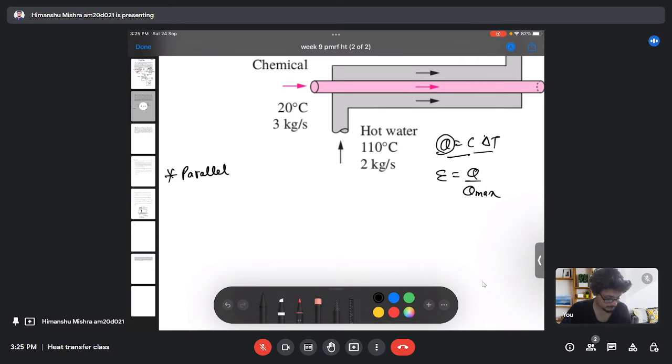We can find this maximum heat transfer just from the information given in the question, since we have the inlet temperature of both fluids. We need to find the effectiveness also, because using this relation we will find Q, and from the Q relation, which is typically a heat transfer relation, we will find the temperatures. To find the effectiveness, we will use the correlation suitable for parallel heat exchangers.